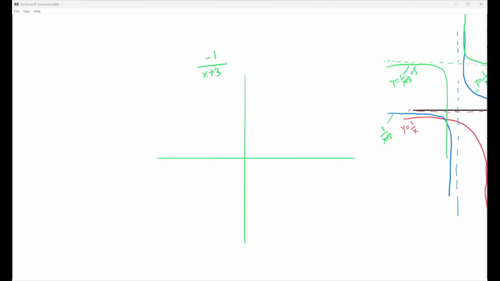Let's draw the parent again. The parent is right here. Reflected over the x-axis would be right here and right here.